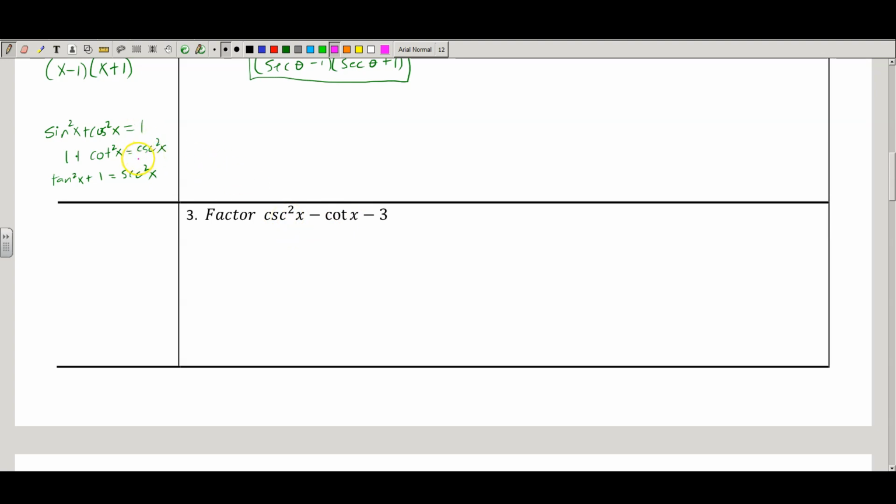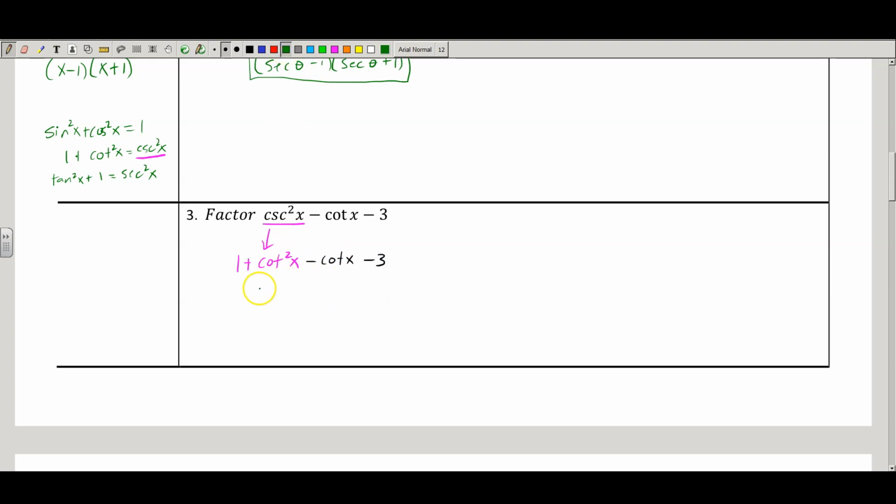So if we look up here, cosecant squared is equal to 1 plus cotangent squared. So the first thing I'm going to do is just substitute that in. So cosecant squared x would be the same thing as 1 plus cotangent squared x, right? And then you'd have minus cotangent x minus 3.